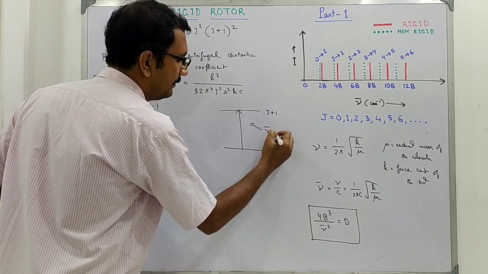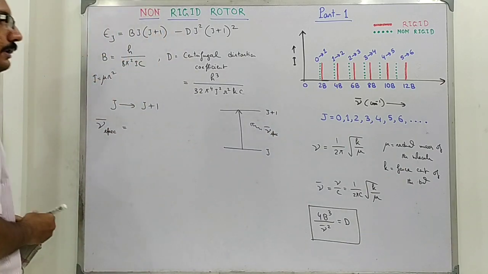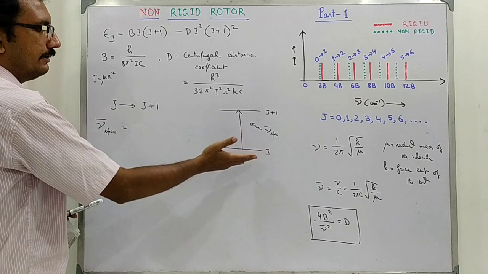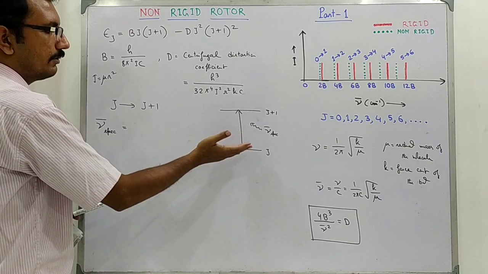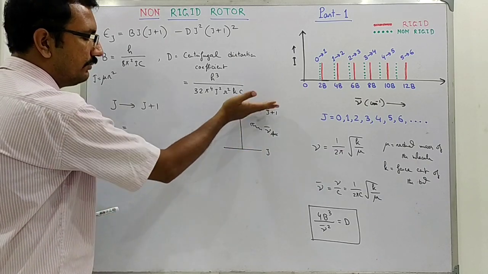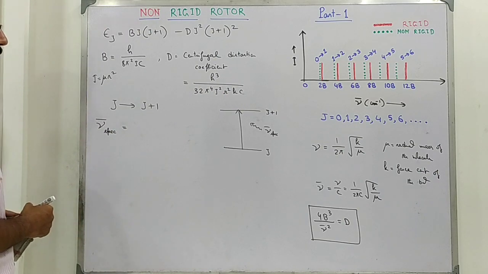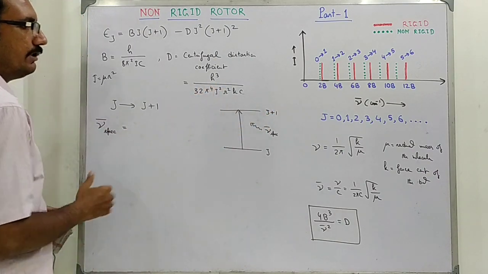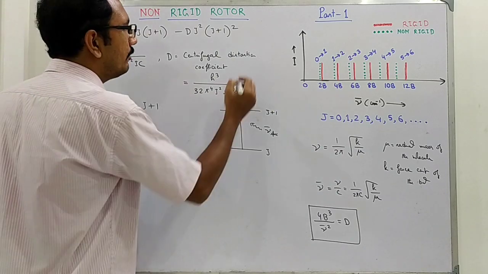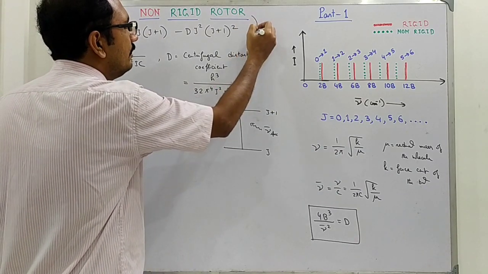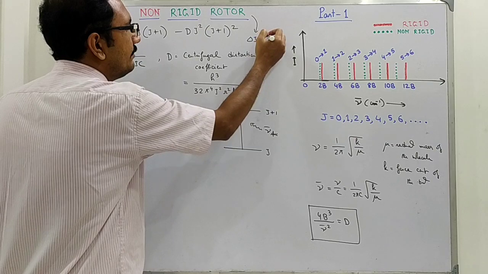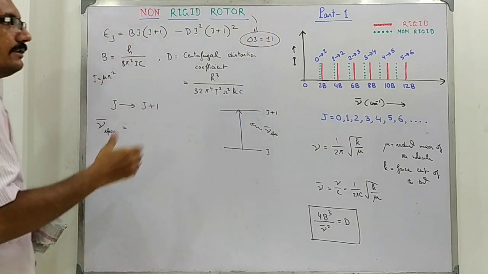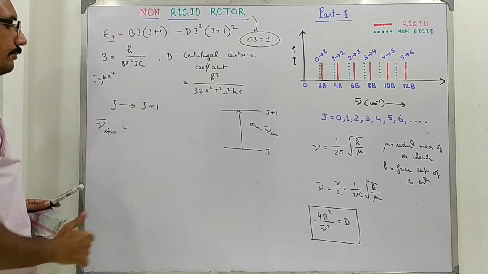This photon is taking this non-rigid rotor from the Jth state to the J plus 1 state. Now, why J plus 1? Since calculation shows that in the case of the non-rigid rotor we have the same selection rule, that is delta J equal to plus minus 1, as it was in the case of the rigid rotor.